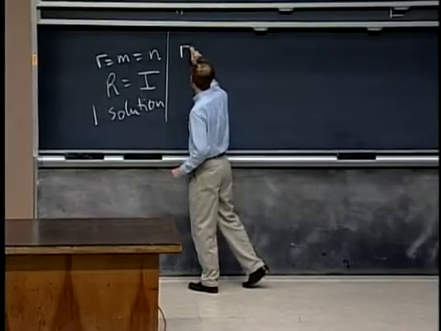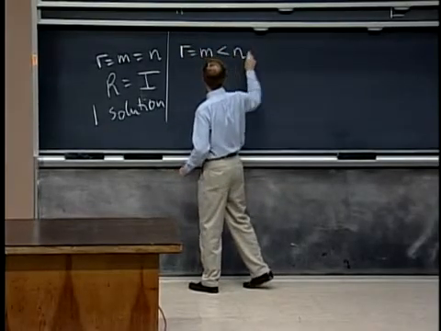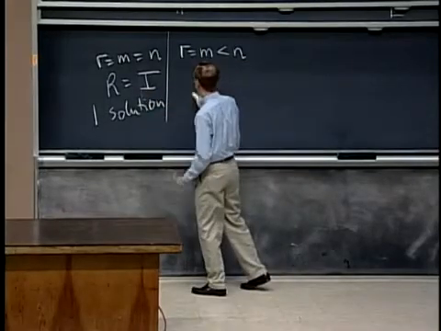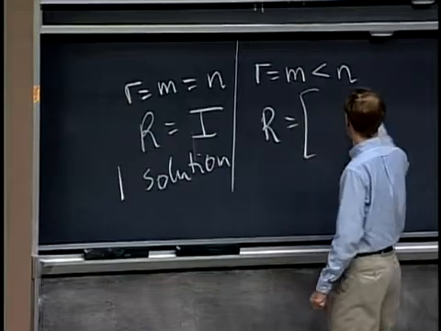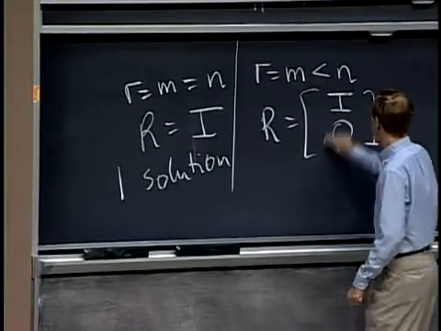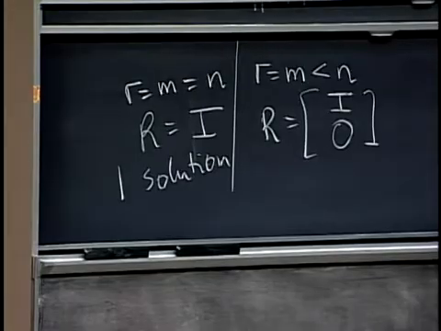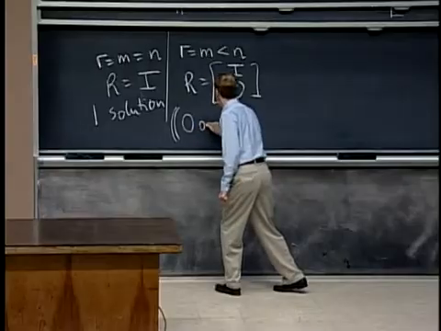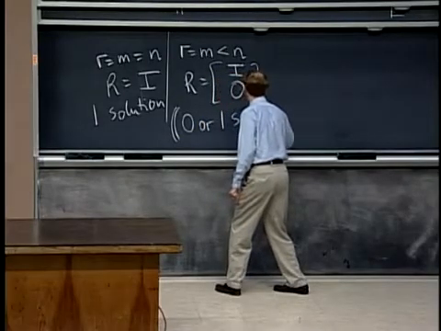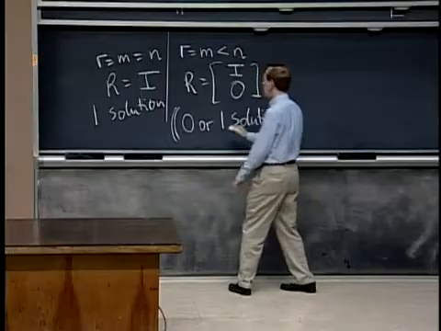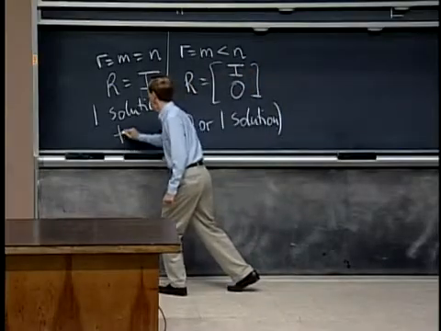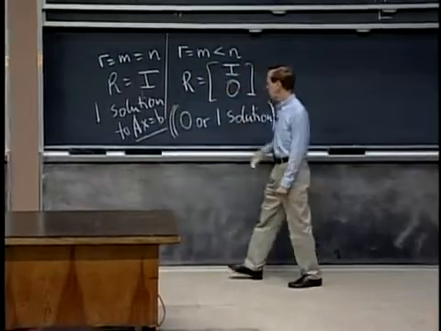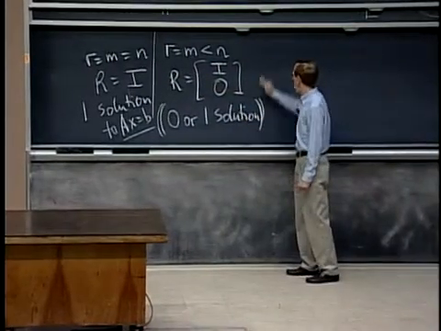We could have R equal M smaller than N. Now that's what we had over there, and the row echelon form looked like the identity with some 0 rows. And that was the case where there are 0 or 1 solution. When I say solution, I mean to AX equal B. So this case, there's always 1. This case, there's 0 or 1.